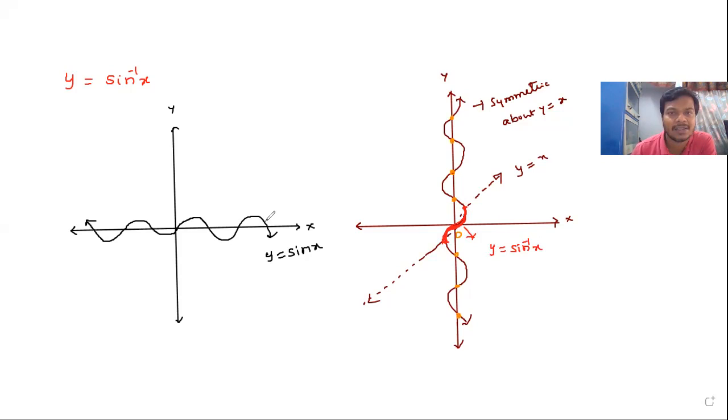And one more thing, we know that if f is bijective, only then its inverse, f inverse, exists, right? See here the function f, the sine function. The bijective part only I am going to select is this one.